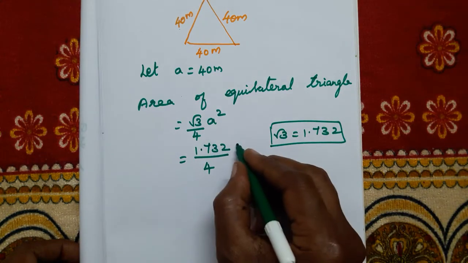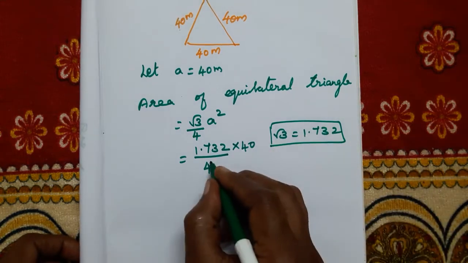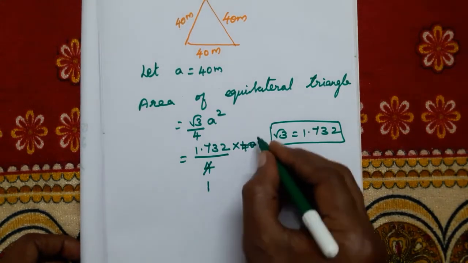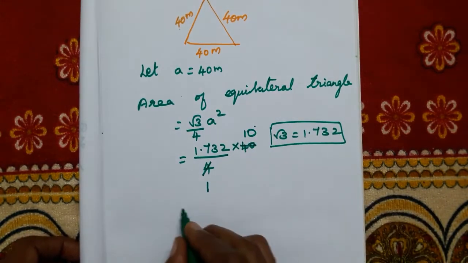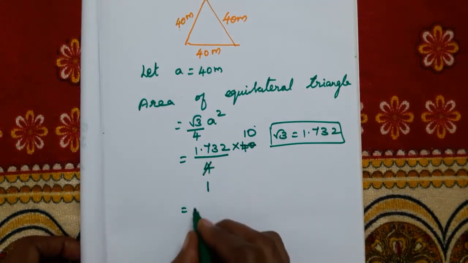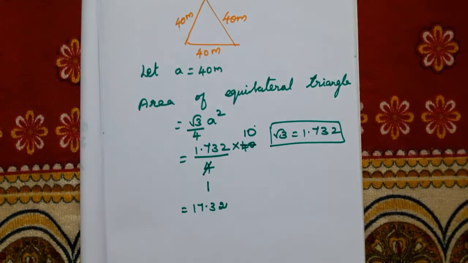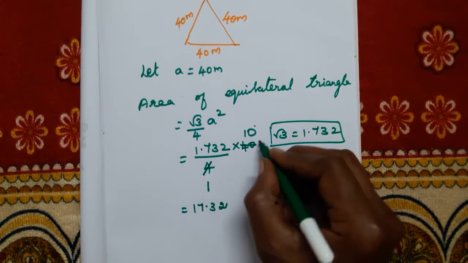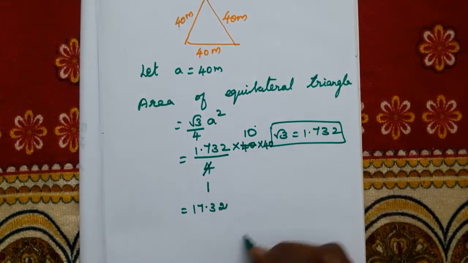A is equal to, A in place 40. When we are cancelling, 1 4 is for here, 1 4 is for 0. So multiplying with 10 means 17.32. Listen here. Here A square, no. So one more 40 we have to write it.